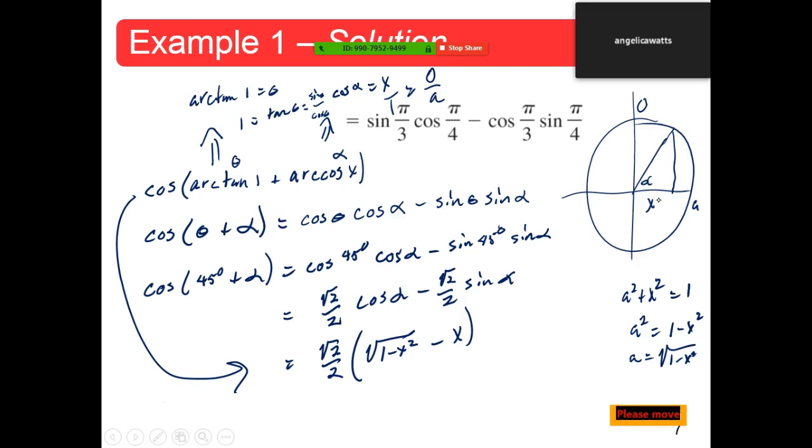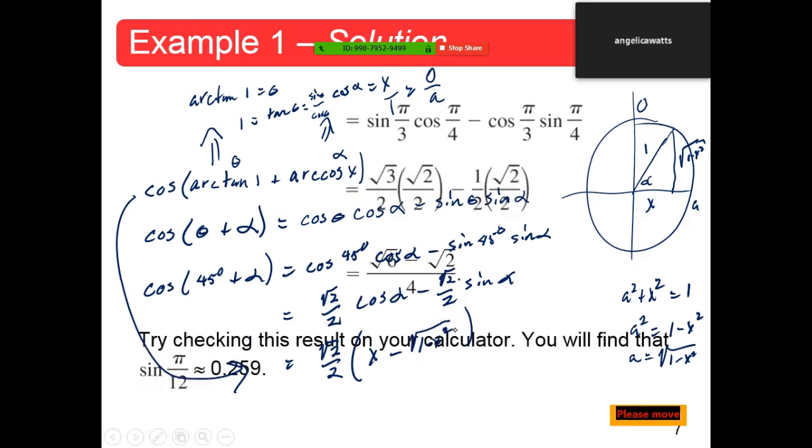The adjacent is that. Your hypotenuse is still 1. That makes this the square root of 1 minus x squared. Okay. And that's what you're wanting for the sine. So I've got everything backward here, I think. Okay. Yeah, because cosine of alpha is x, and the sine of alpha is the square root of 1 minus x squared.